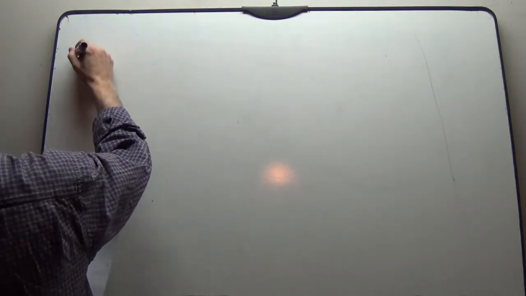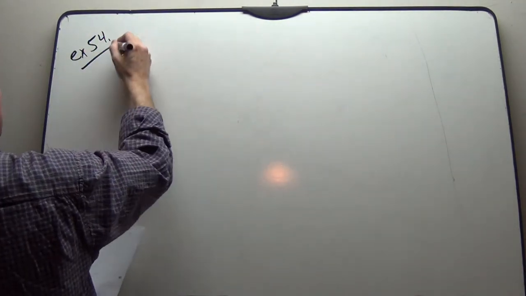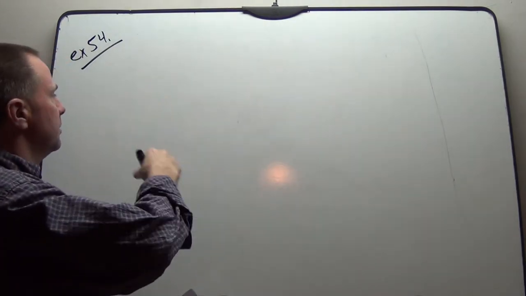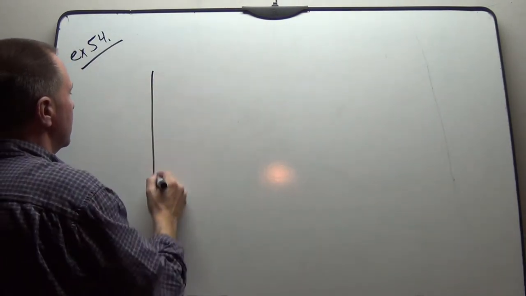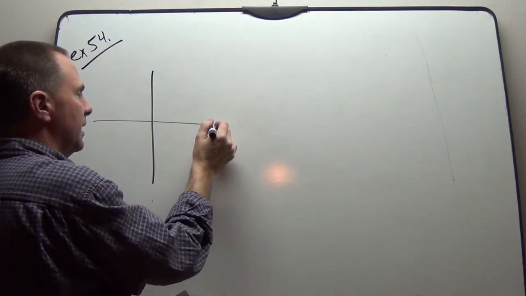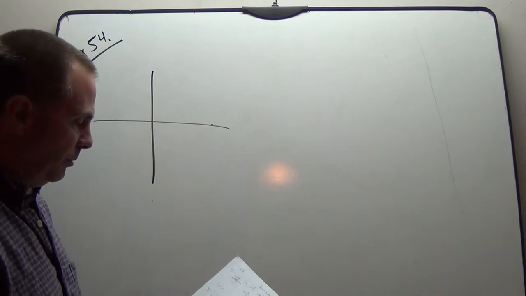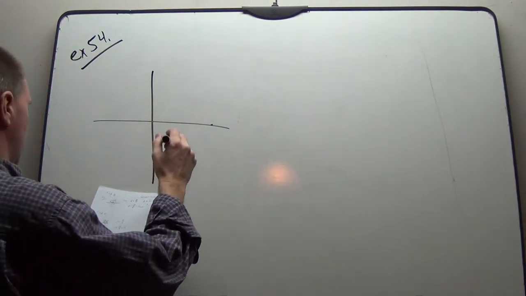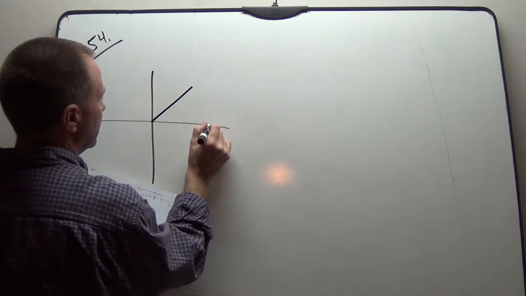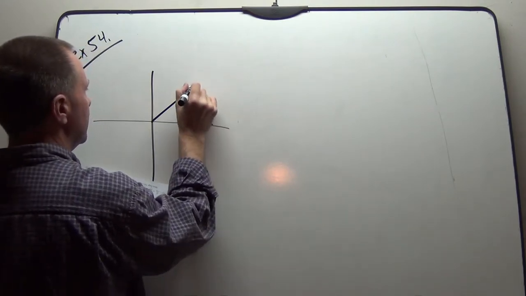All right, and now we'll do one out of the book. Example 54. And this is talking about an arc that subtends this circle. Subtend means it's connected from the x-axis to the end point of wherever S is. So in this case, it's a 45-degree angle, and the arc subtends it from the x-axis to that radius.